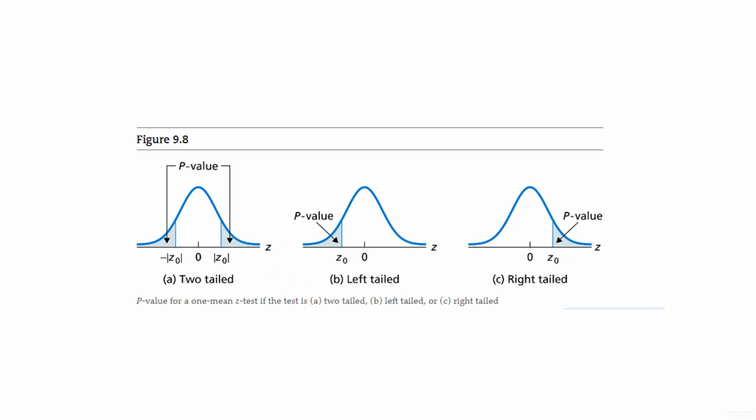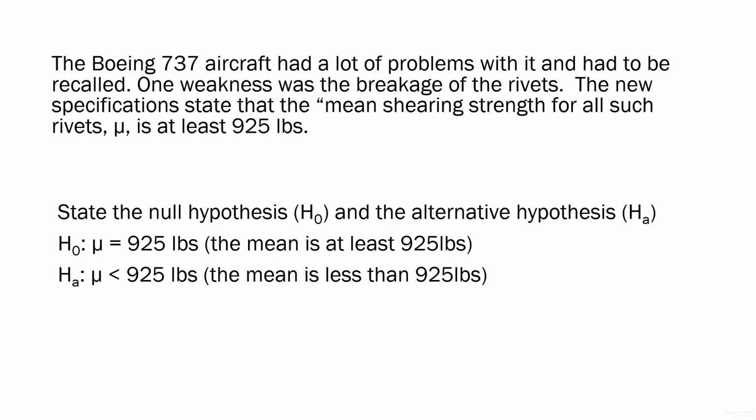So it's the area under the standard normal curve that lies outside the interval from negative Z to Z. With the left-tailed test, it's the probability of observing a value that is smaller than the actual observed value, which is the area under the standard normal curve that lies to the left. And for the right-tailed test, it's the same thing, but it is the area under the standard normal curve that lies to the right.